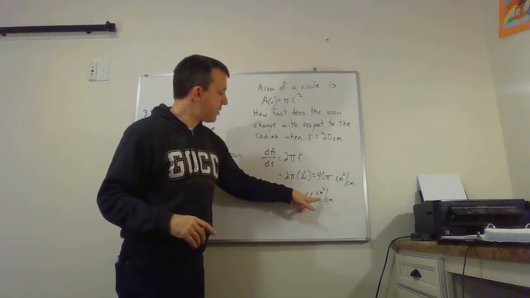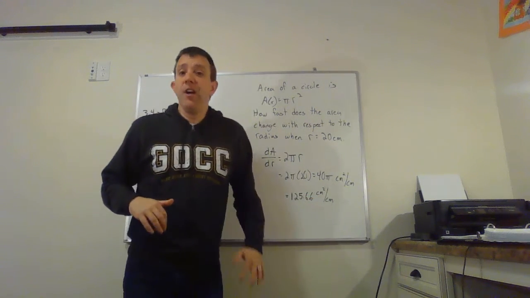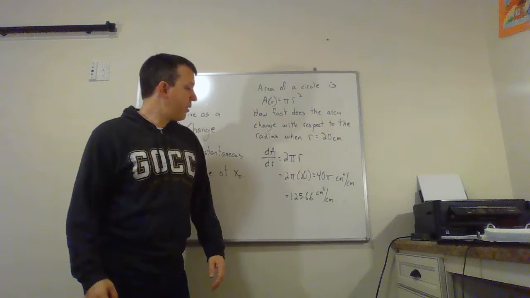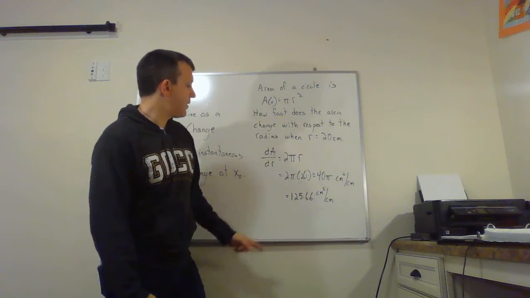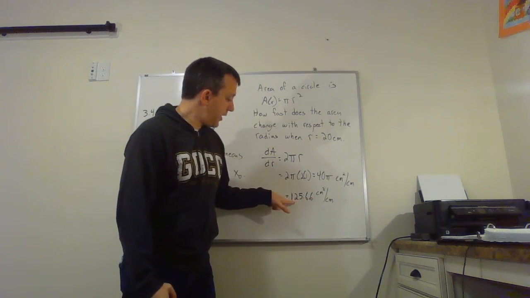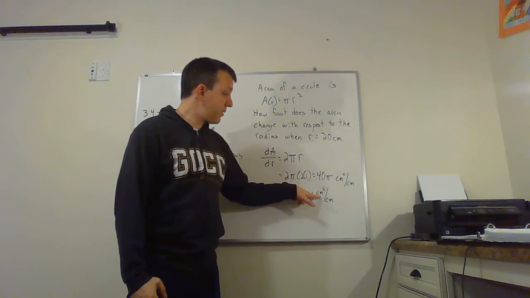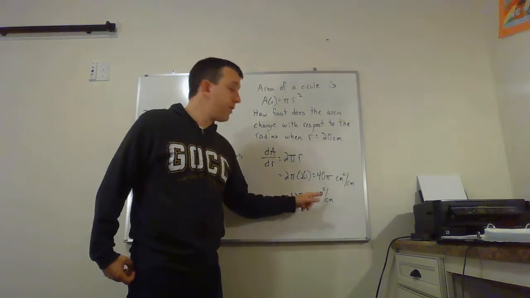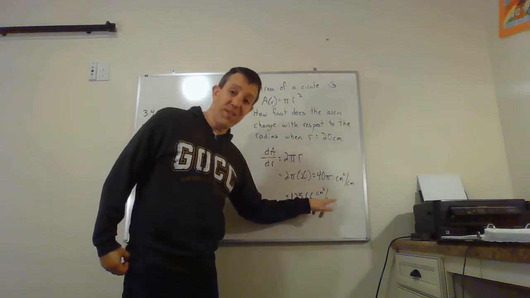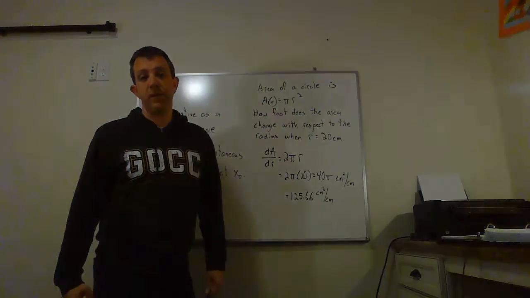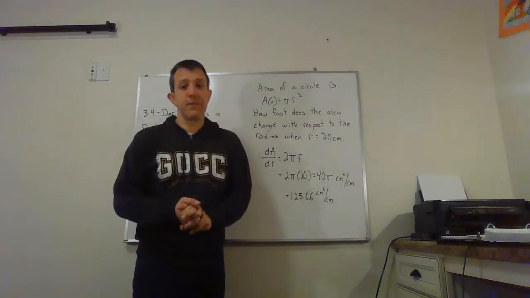And so we have our units centimeters squared per centimeter. Well, what does that even mean? Well, all it means is this. The area is going to change 125.66 square centimeters for every 1 centimeter change in the radius. Okay, right? That's what that really means.